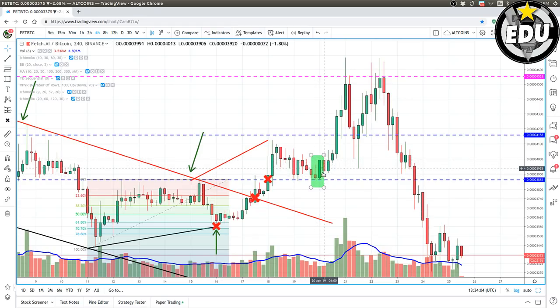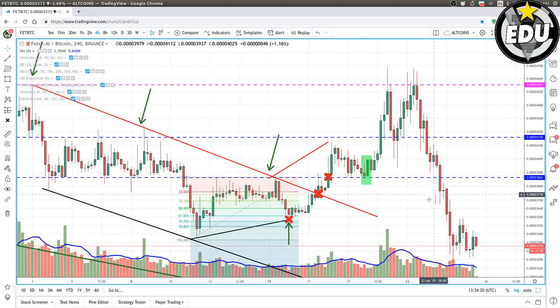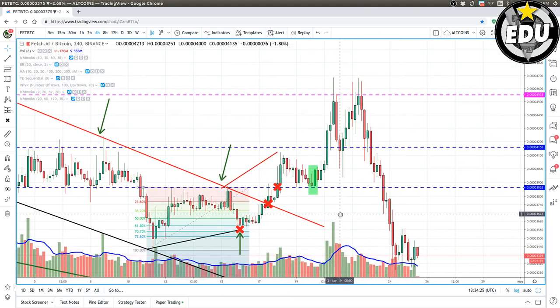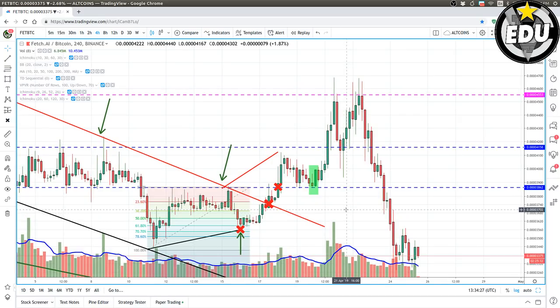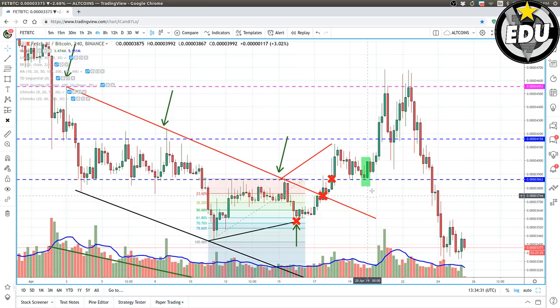Then the red candle stopped at half of this candle, which is still good to confirm the bullish engulfing, and then boom, the trend reached the first level and the second level. Okay. So this was the idea of how I got into FET and why.